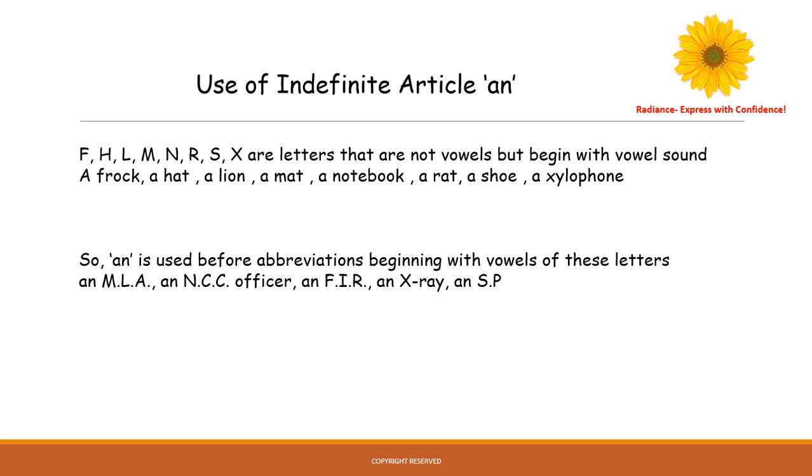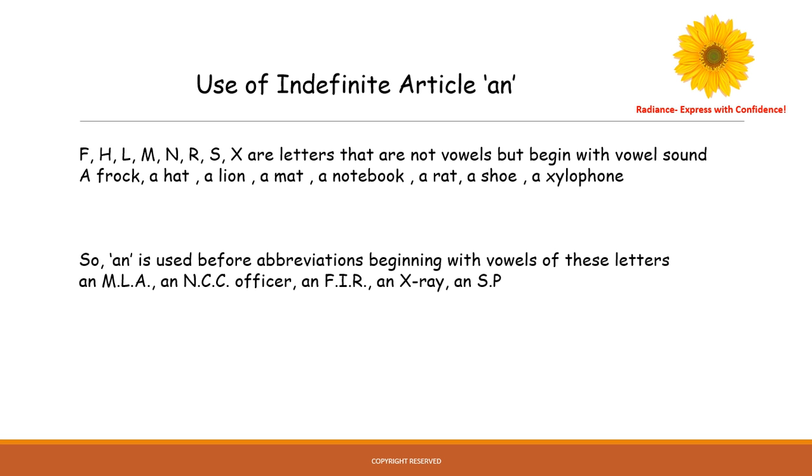Now here, this is the third and fourth use of article. F, H, L, M, N, R, S, X are letters that are not vowels but begin with vowel sound. When we say F, H, L, M, N, R, S, X, these are actually consonants, as we can see.